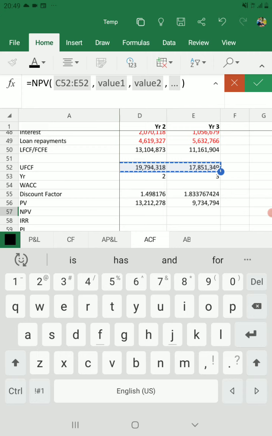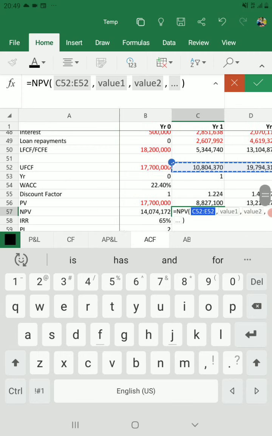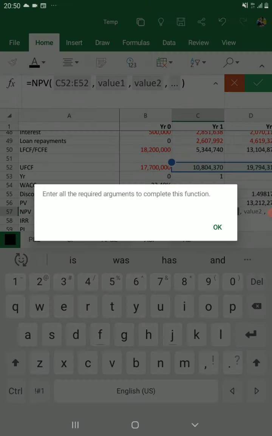We don't include the initial outlay because this is already value now, so it does not need to be discounted. After discounting the future, we can just subtract the initial outlay to arrive at the NPV using the Excel formula. So to make it easier, let's first establish the NPV of future cash flows.